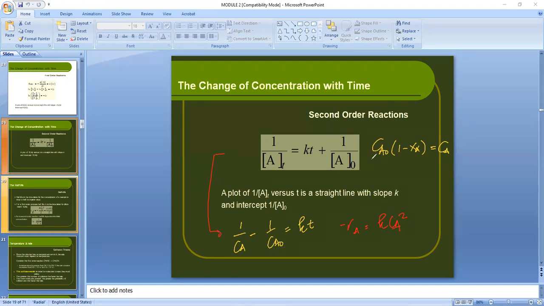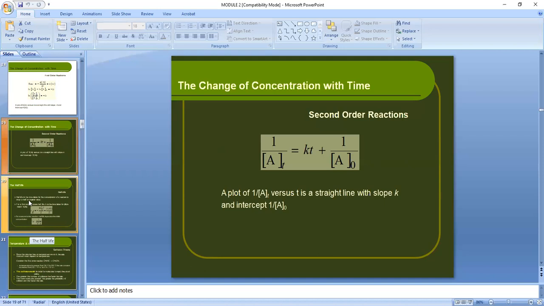So this representation is for a reacting species. If let's say, for example, R is a product, the final concentration of R is CRO plus CAO XA. So you don't subtract, but rather you add, because over time, you expect that the concentration of R, or the amount of R, will increase because it's the product. Okay? Remember these two, they are very fundamental in kinetics. Okay, now we proceed.